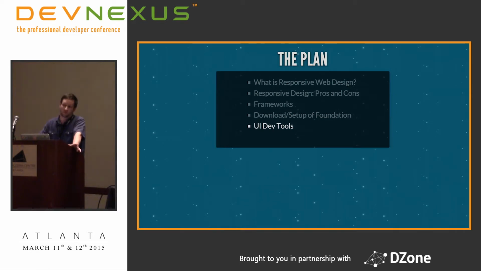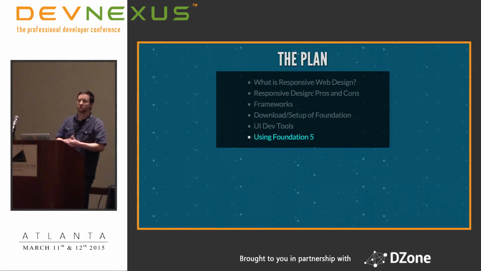We're going to briefly talk about UI dev tools. I'm not sure what tools you guys are using out there, but if you're not using some tooling, hopefully this will open your eyes to some things that you may not have known existed. And then we'll get into the core of the discussion, which will be using Foundation 5.